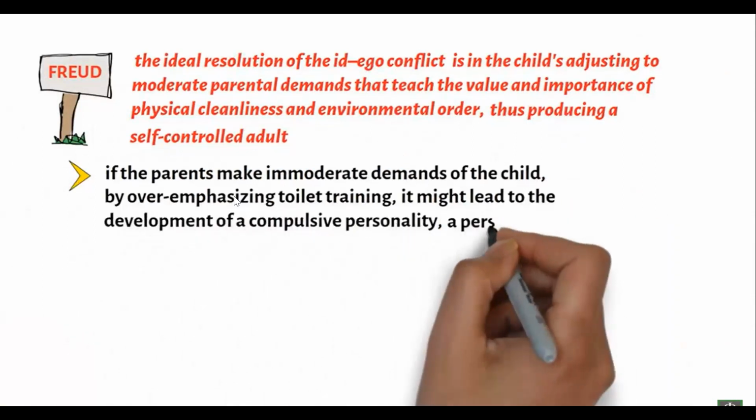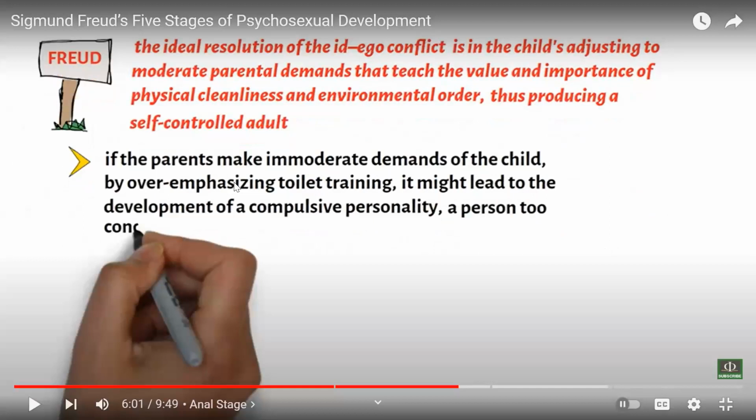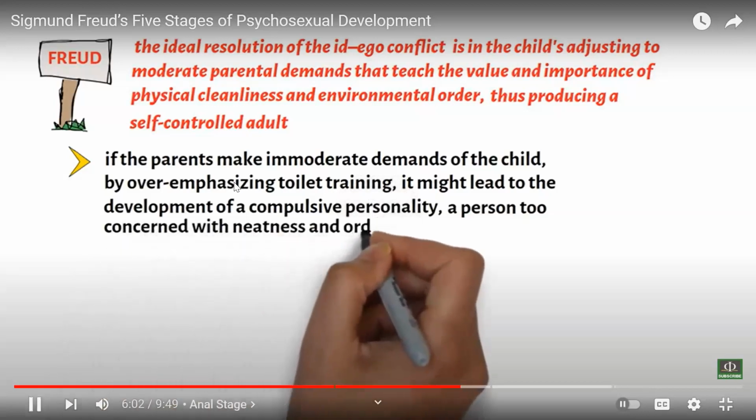A person too concerned with neatness and order. Here, overemphasizing toilet training means, as I told you, pushing children to pass stools and urine as soon as they can. So we should not overemphasize toilet training during this period. We should provide sufficient time for them to do their activity.